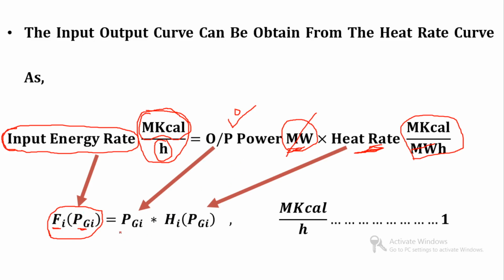Output power I will denote by Pgi, that means output power of ith unit, and heat rate is noted by Hi of Pgi, that means heat rate of ith unit or heat rate required to generate the Pgi amount of power of ith unit. So the formula for input energy rate is finally given by Fi of Pgi is equal to Pgi multiplied by Hi of Pgi, and its unit is million kilocalories per hour.